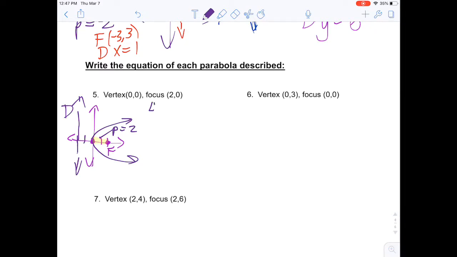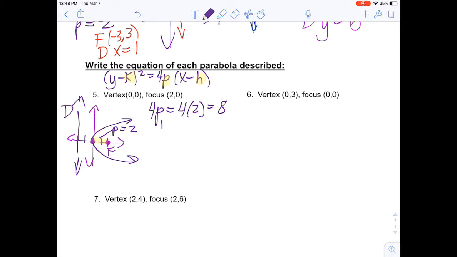If p equals 2, then 4p, which is in our equation, and remember for a sideways parabola going right or left, it's going to be y minus k squared equals 4p times x minus h, and we need to sub in the p, the h, and the k. 4p is going to be 4 times 2, so 8.